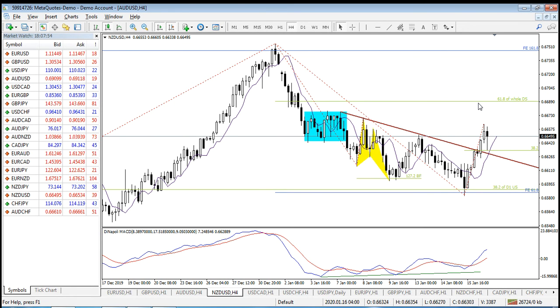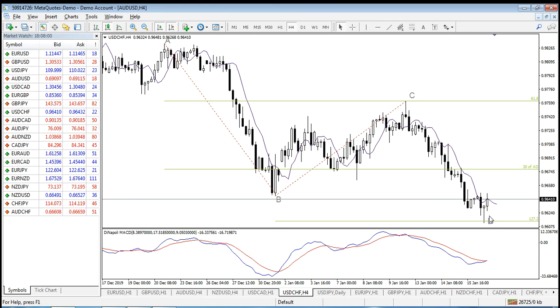The invalidation point of this pair will be a little tricky to understand. If USD CHF comes down and breaks below this point, then definitely both the AUD CHF and NZD CHF buy positions will be invalidated, and we'll have to exit the position.